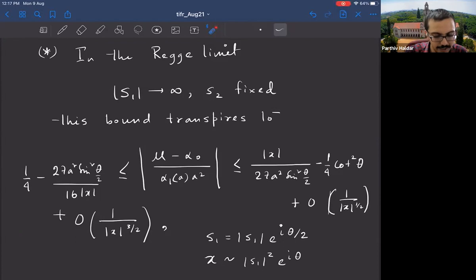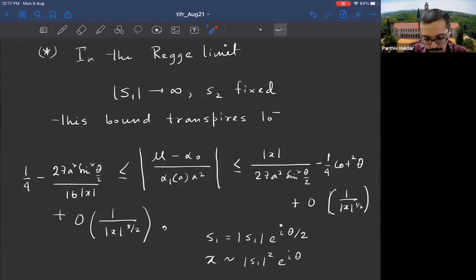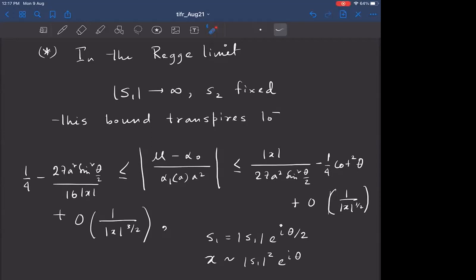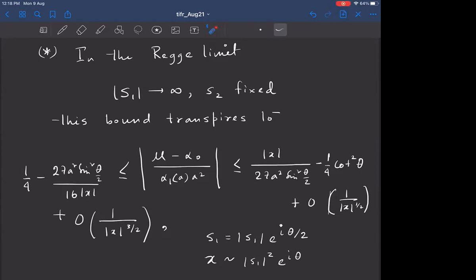I'm not getting the Froissart bound. You are right. So does that mean that these bounds can be improved further? I would say, maybe we can answer this later.